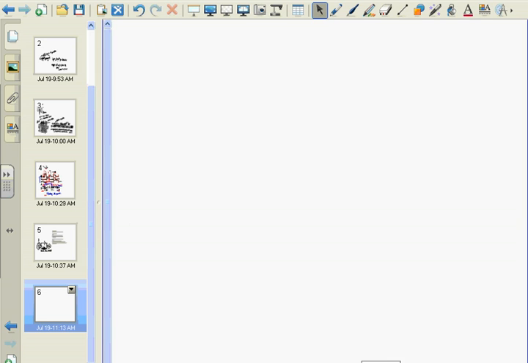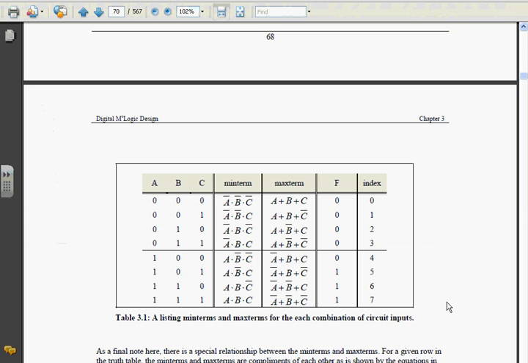So I'm going to pull up a page in the textbook that shows this table here. Again we have all of our inputs listed from the 0th input to the 7th input, as you can see, the index showing 0 through 7. Now you also see the minterms, and the minterms are what we use for the SOP form, the sum of product form.